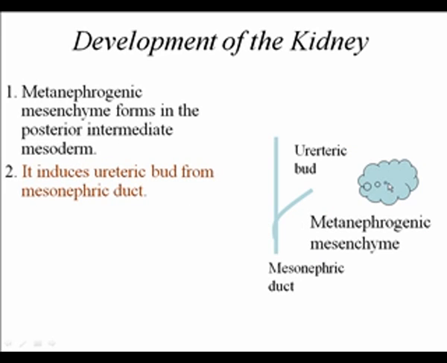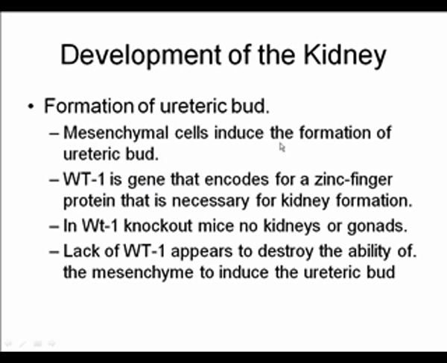Now, the intermediate mesoderm, once that begins to develop and differentiate, is going to induce the ureteric bud to form. And so here is a mesenchymal epithelial interaction. So the mesenchymal cells then induce the formation of the ureteric bud. One of the factors that's important early in development is the Wilms tumor gene.